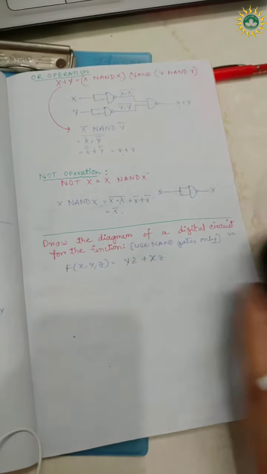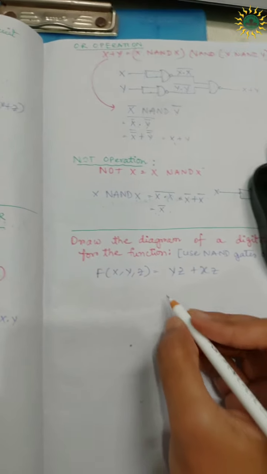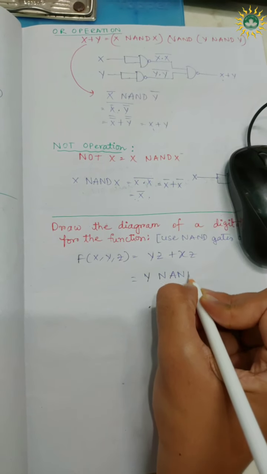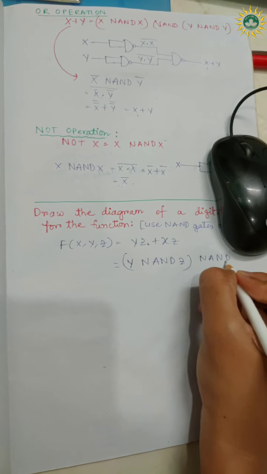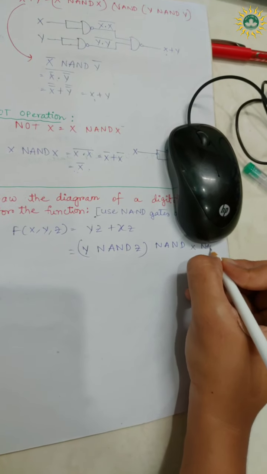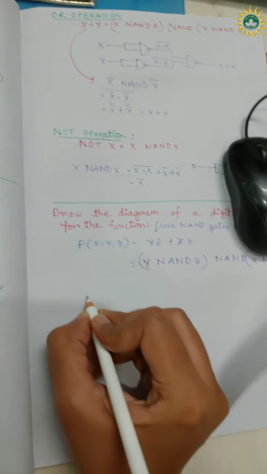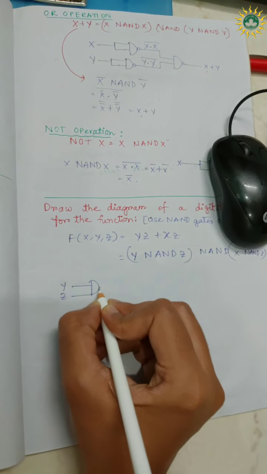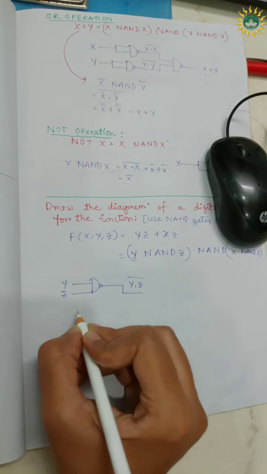Should we learn the NOR gate first, or let's do the diagram first. So this can be written as y NAND z, NAND x NAND z. Okay, now let's draw it. This is y, this is z, will pass through NAND, which gives you y dot z whole bar.